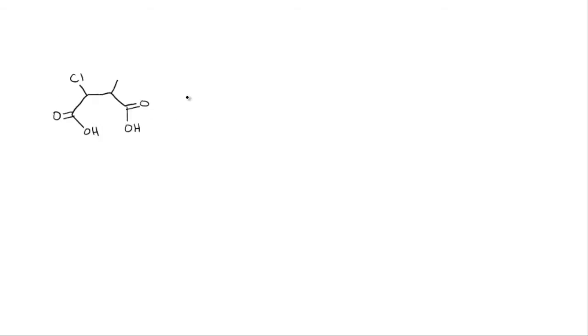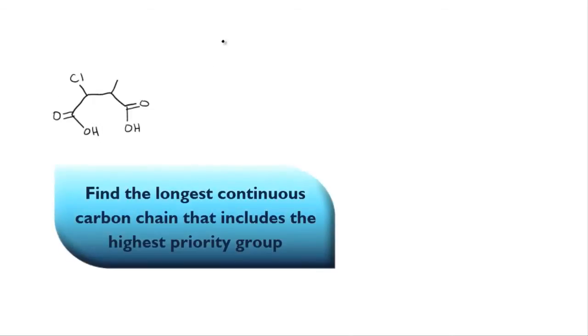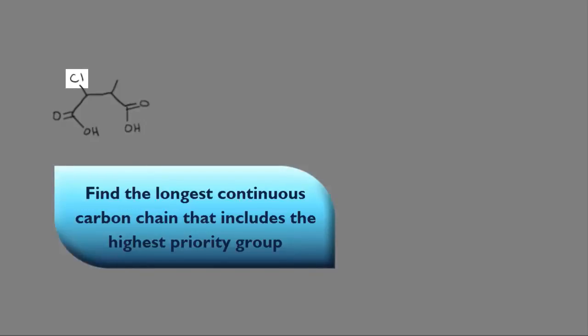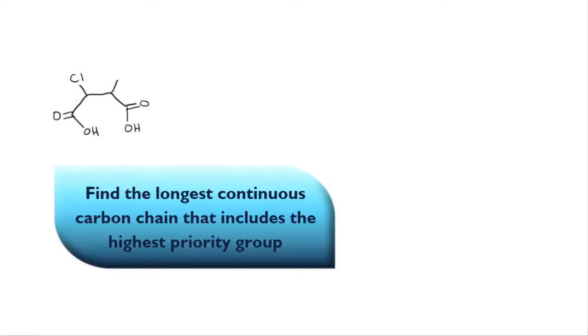In taking a look at our molecule, we need to find the longest continuous carbon chain that includes the highest priority group. In this structure, our functional groups are a halogen, chlorine, and not 1, but 2 carboxylic acid groups.